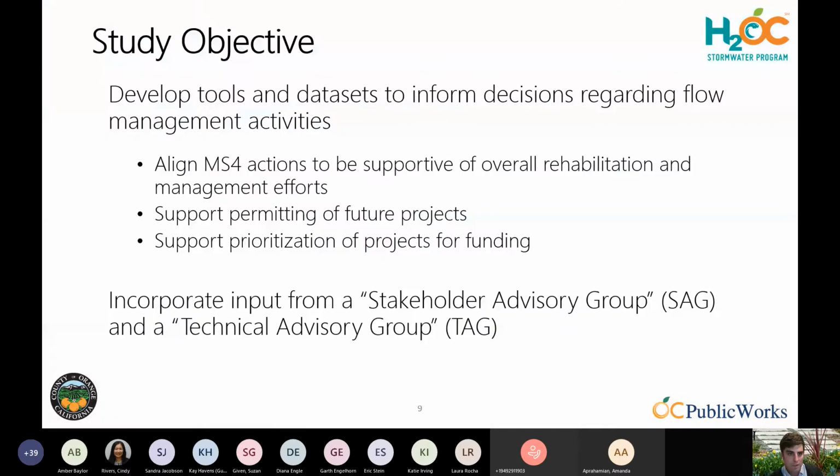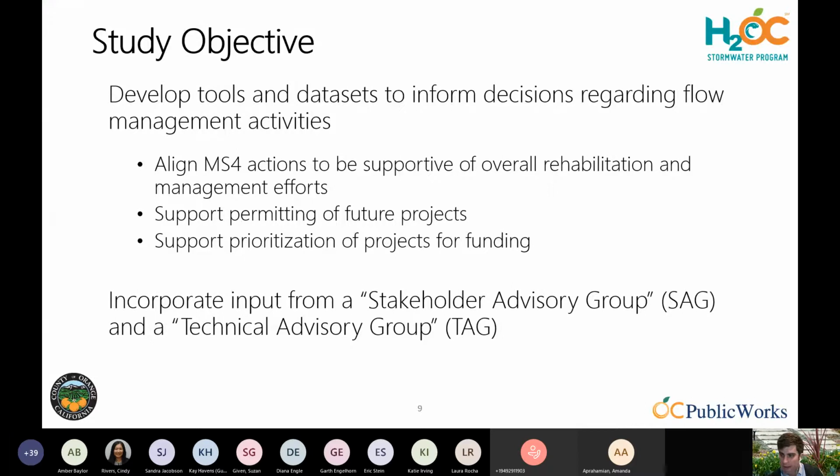So the objective of the overall study, not simply the hydrologic modeling part, but the overall study, is to develop tools and data sets to inform flow management activities by the MS4 permittees. So that one of the key goals is to ensure that what the MS4 permittees are doing with the water that runs through the MS4 system and drains through outfalls is supportive and aligns with the overall watershed rehabilitation and water resources management efforts.